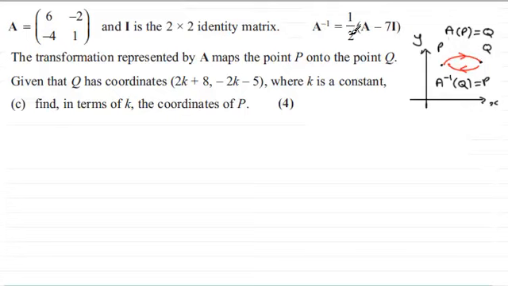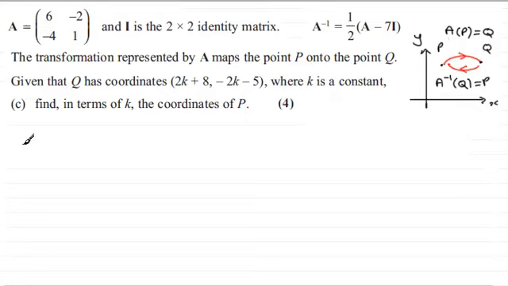If I get the inverse matrix of A, then I can multiply that with Q, and I know that it should give me my point P, which I'll call, say, xy. And I should then be able to find out what the coordinates of P were. So that's my method through this.